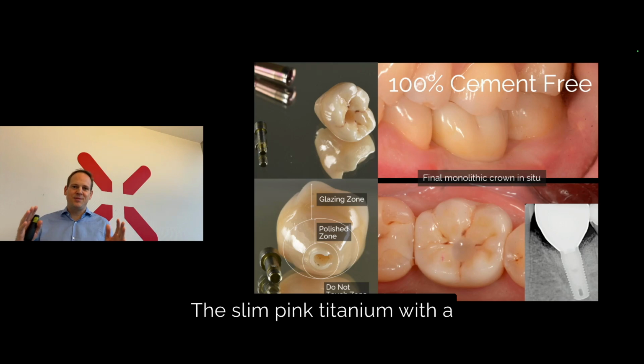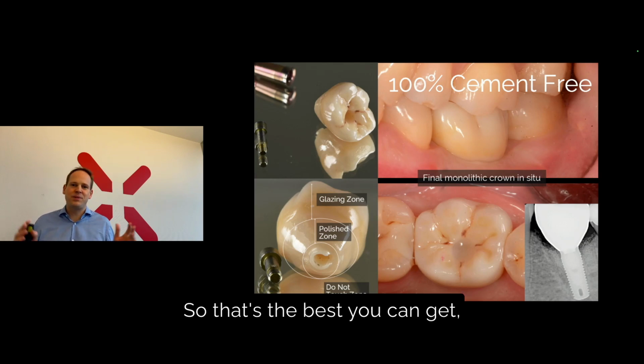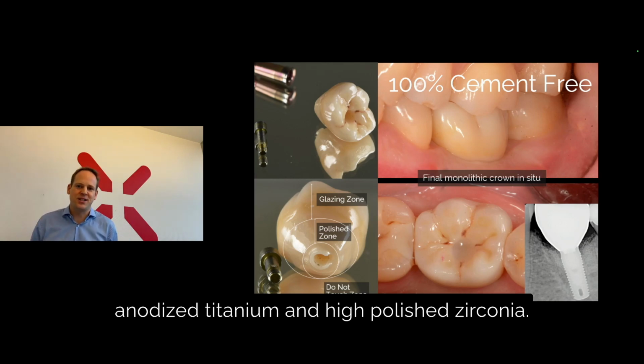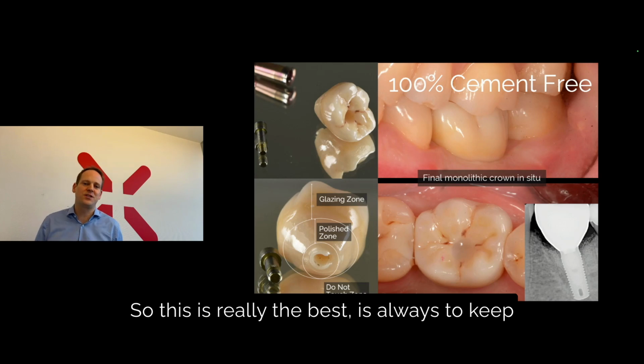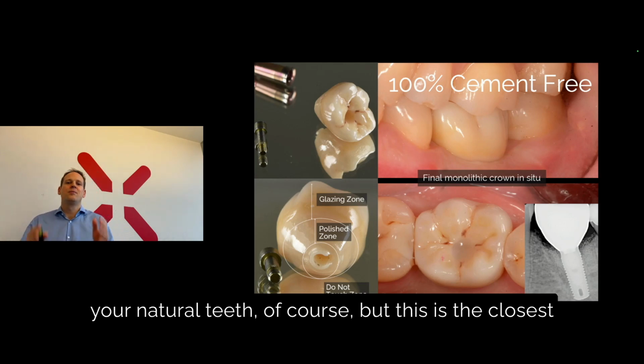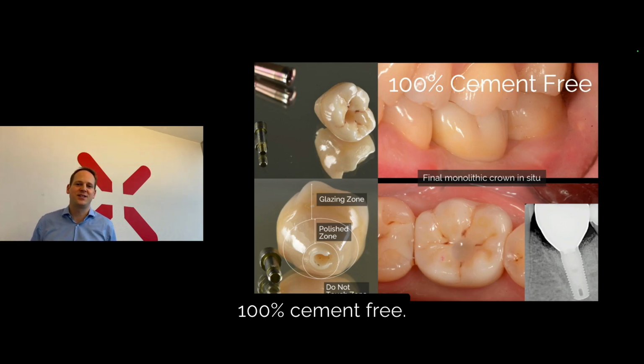It's the slim pink titanium with a transition to high polished zirconia. So that's the best you can get. Anodized titanium and high polished zirconia. No cement gap, no sharp edges, no connection. The best is always to keep your natural teeth, of course, but this is the closest we can get to biology in dental implantology. 100% cement free.